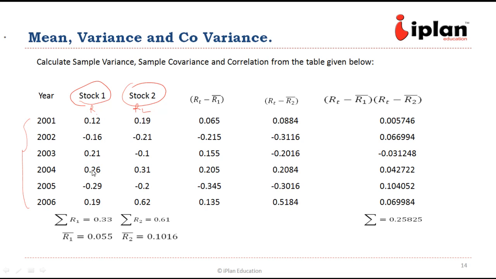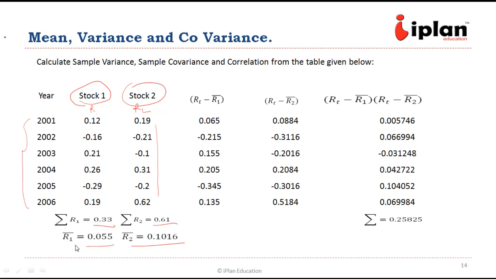The summation is 0.33, divided by 6 is 0.055. Similarly, for stock 2, the summation of these 6 values is 0.61, divided by 6, the average is 0.1016. This is the mean for the first stock, this is for the second stock.